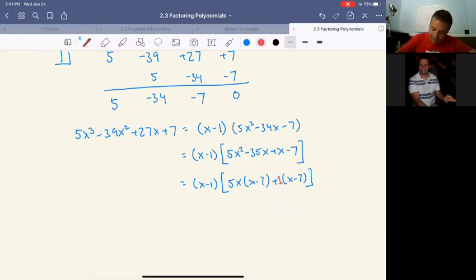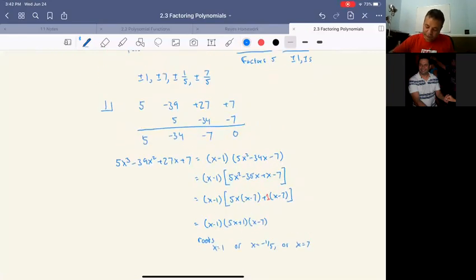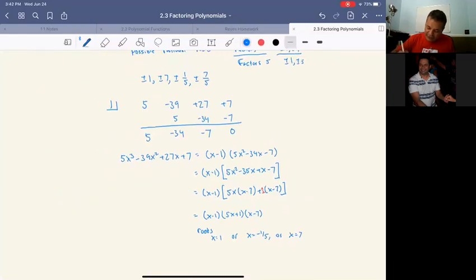So we get x minus 1 times 5x plus 1 times x minus 7. So what are our roots? x equals 1, x equals negative 1/5, or x equals 7. I want us to just notice the negative 1/5 was in our list, the 7 was in our list, and of course, 1 was in our list.